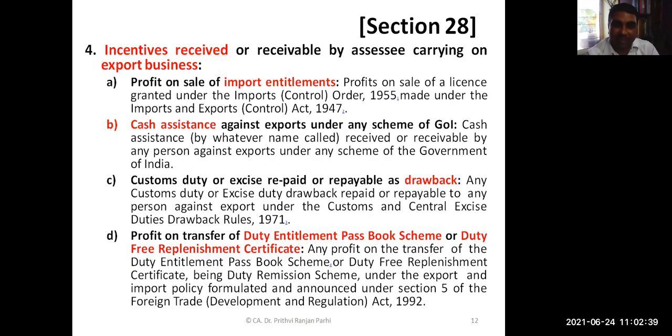Earlier this scheme was there. So if somebody has transferred the DEPB and made some profit out of this, that will also be taxable under section 28, that is, as business income. Okay, this is the fourth. All these things relate to incentives received on an export business.